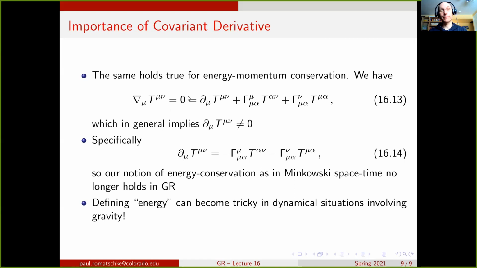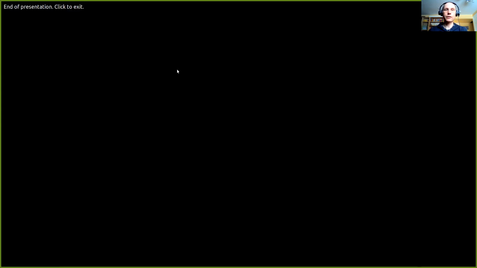Nevertheless, we still get laws such as the covariant derivative of the energy momentum tensor equal to 0 that always hold. Okay, so these things are still there. They're just not very easy to interpret in terms of the usual conservation of energy and momentum when we talk about dynamical spacetimes. And this concludes the present lecture.